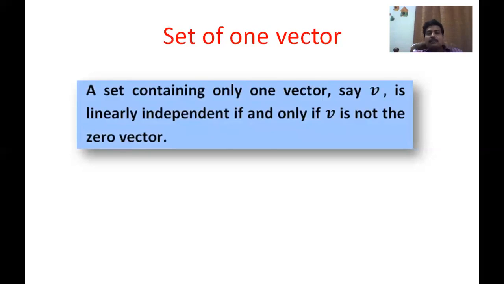If v is the zero vector, then that is linearly dependent. If it is non-zero, say 5, only 5, then 5 is a linearly independent vector. Or I can take a matrix 5, 1. Since there is only one vector, it is linearly independent.